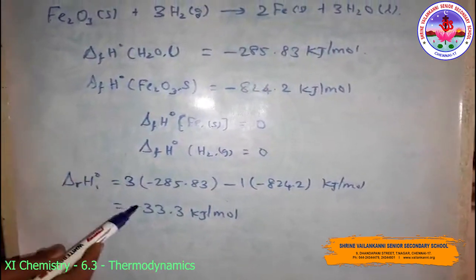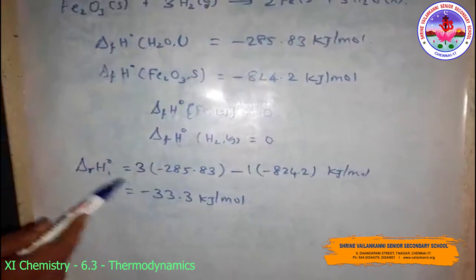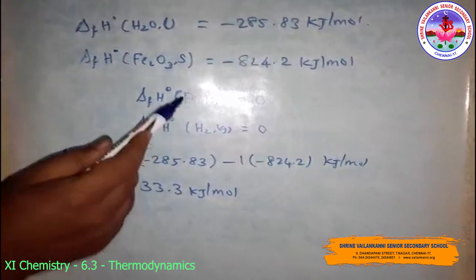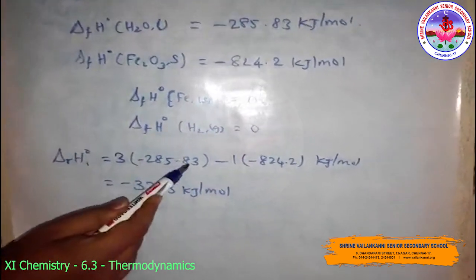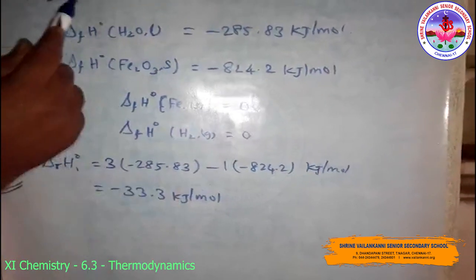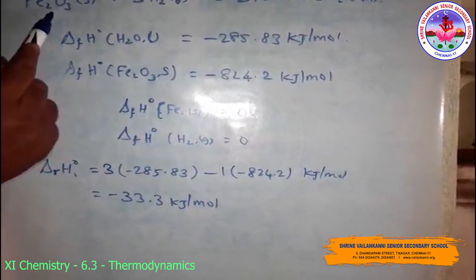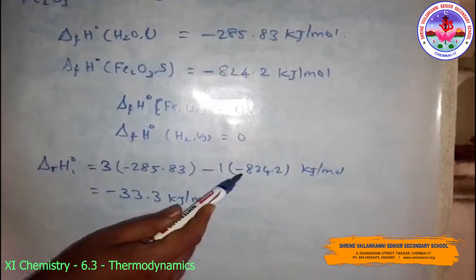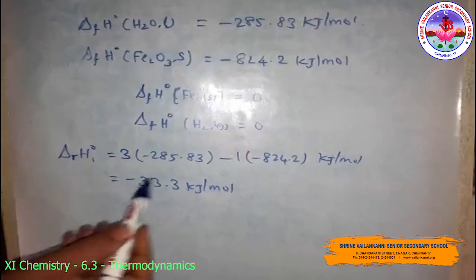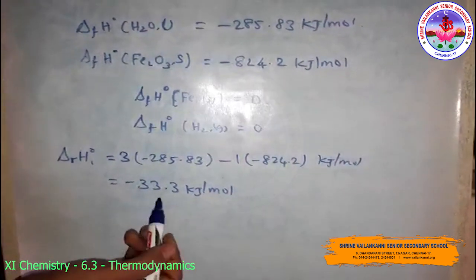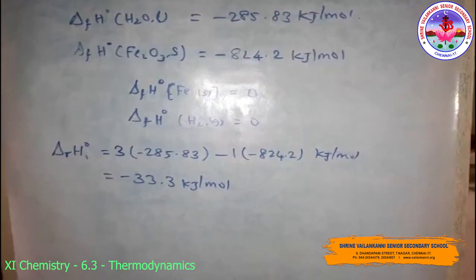Now apply the values in this reaction. So 3 moles of what? Water. So 3 moles of water is minus 285.83, minus 1 mole of iron oxide, so 1 into minus 824.2. After calculation we will get minus 33.3 kilojoule per mole.